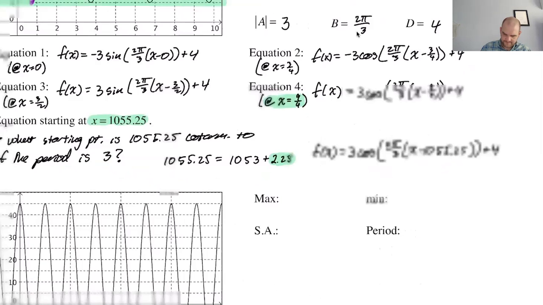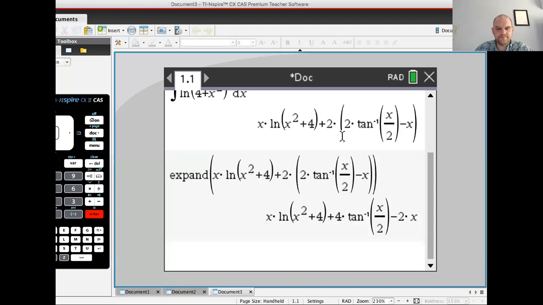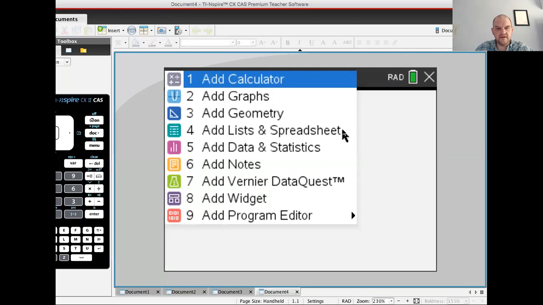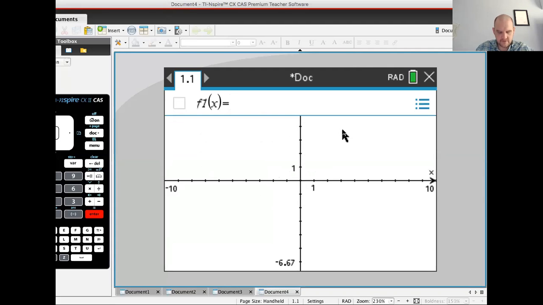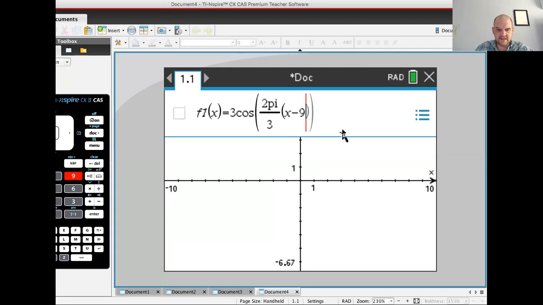So what I'm going to do is graph them and see if we got it right. So let's switch over to a calculator, and graph. So I'm going to graph 3 cosine of 2 pi over 3, quantity x minus 9/4, plus 4.